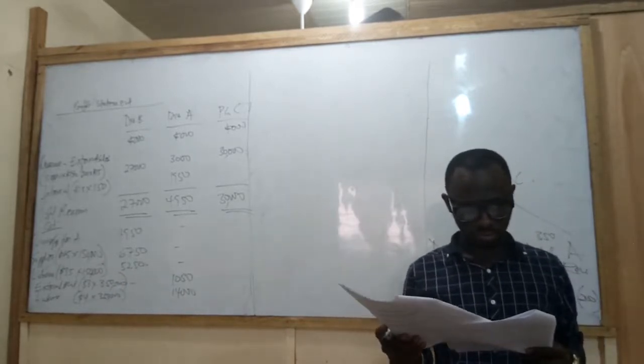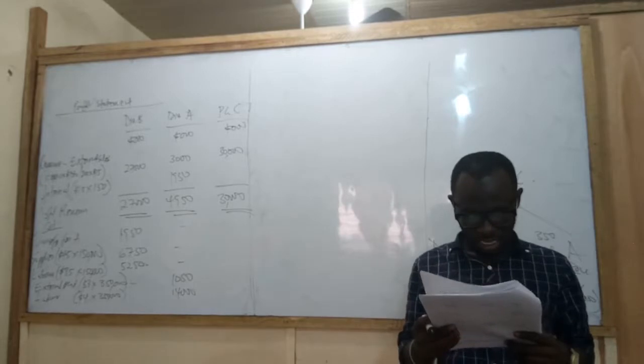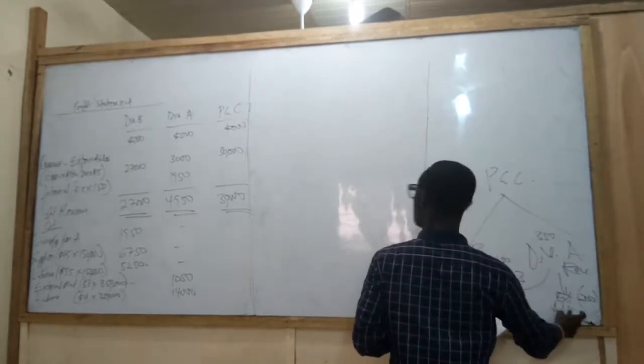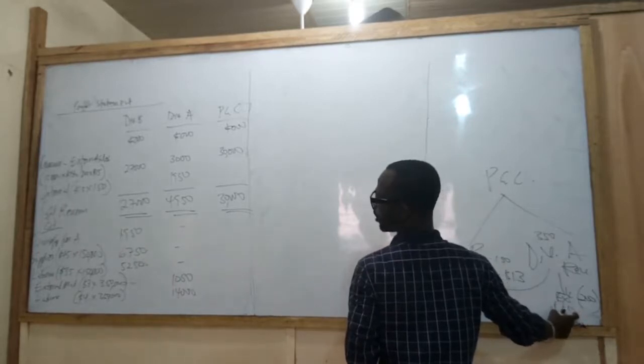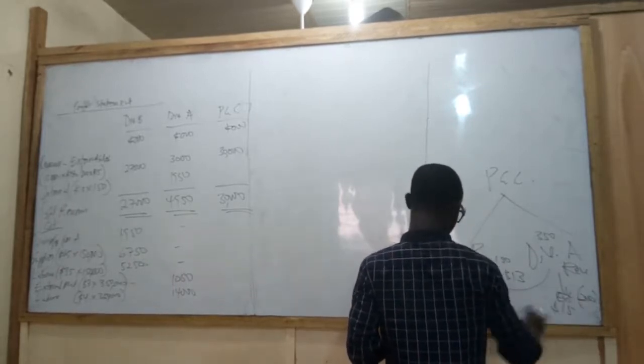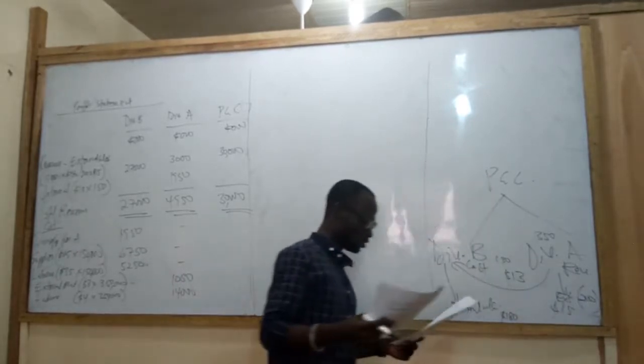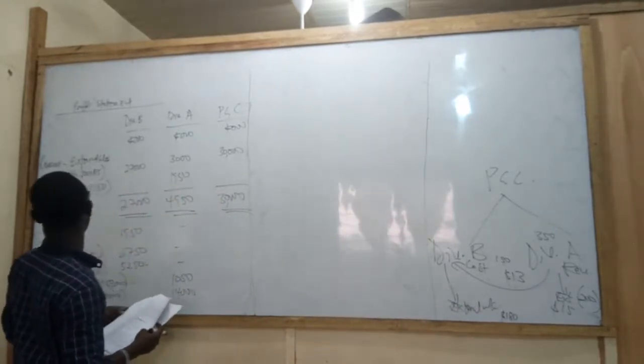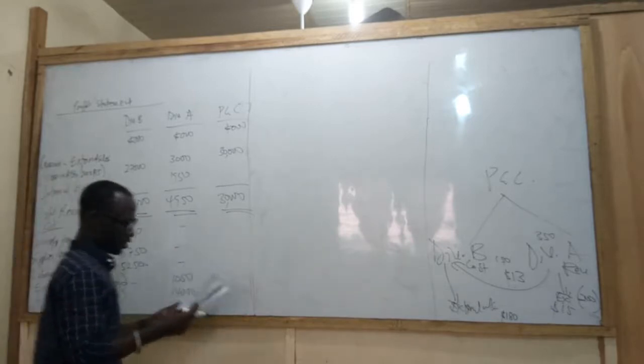Is that all for us? What about the external sales these guys do? We didn't even, did we bring it? Did we bring these guys external sales? The external is 200. We brought it? Yes. Okay, we brought it.